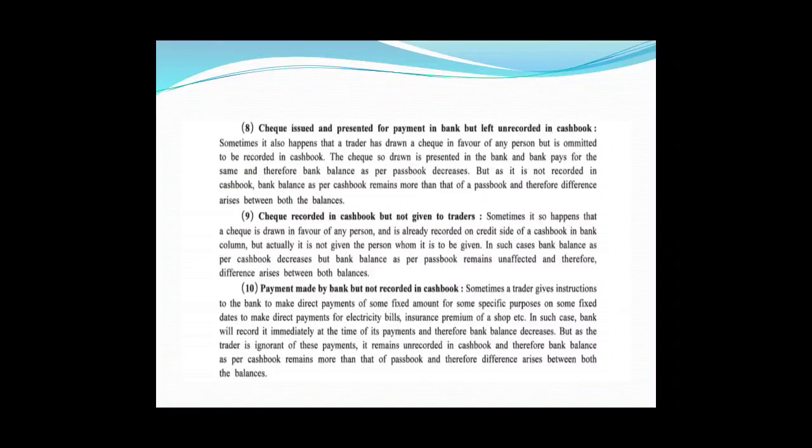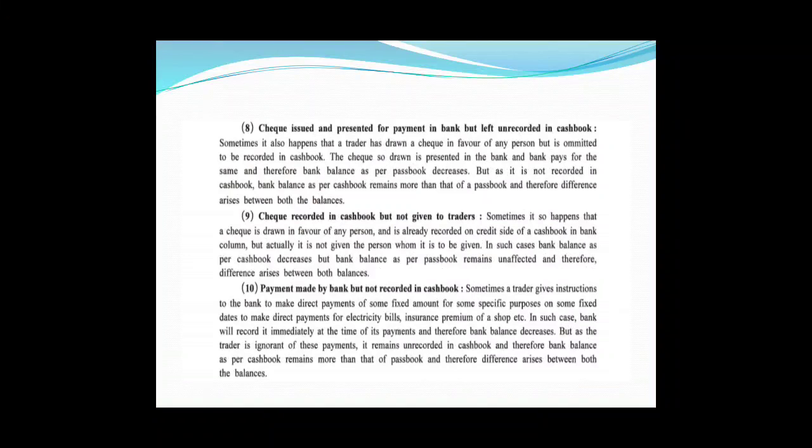According to this, we are issuing a check to somebody and we forget to record that in our books. As the check has been given to the creditor, he will produce that check in our bank account for the payment.